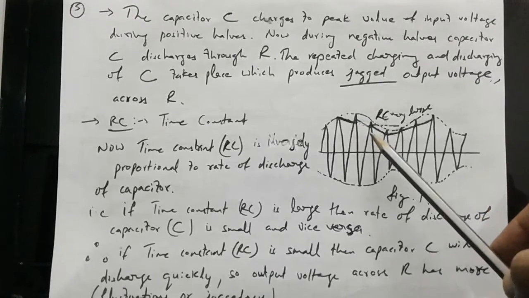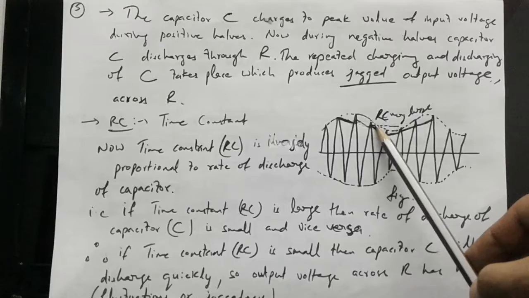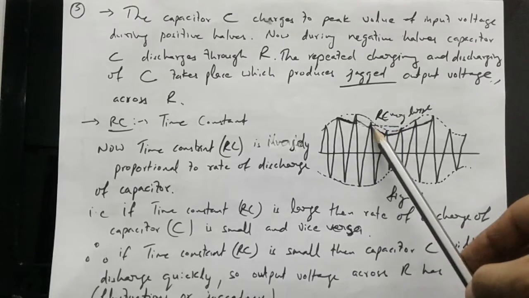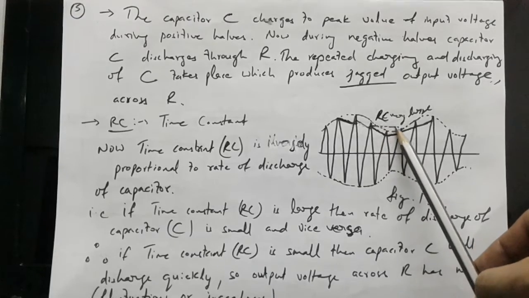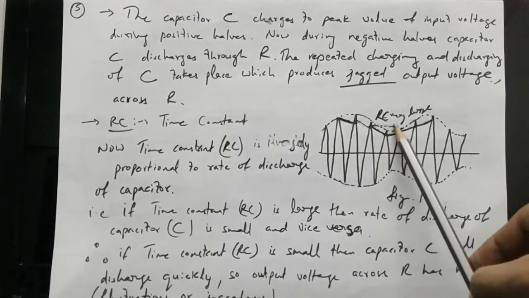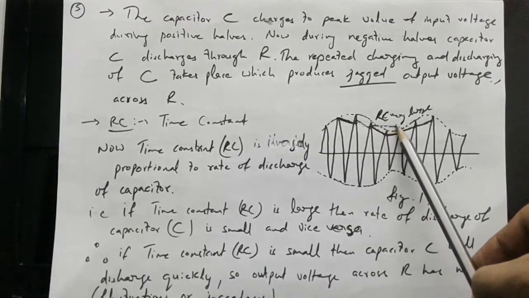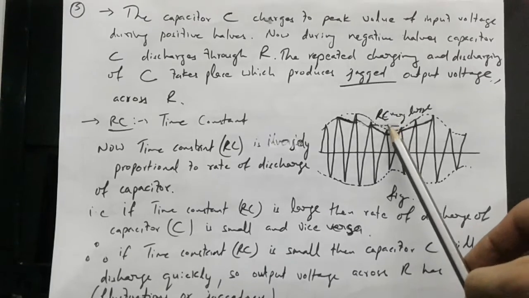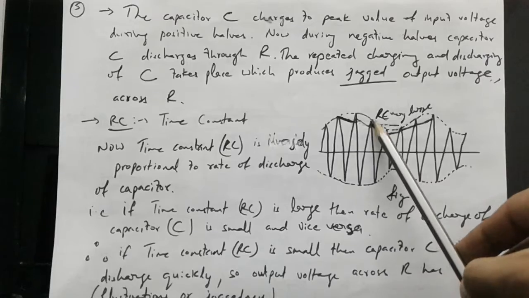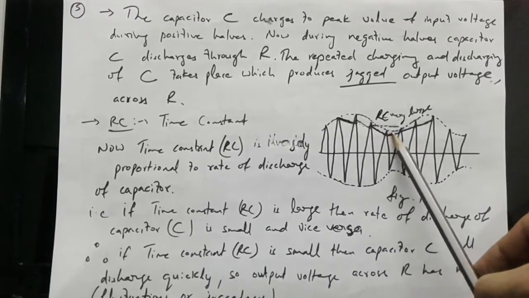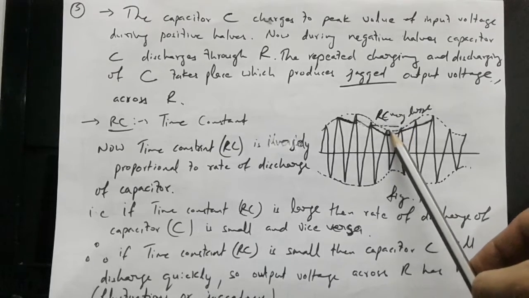In that case, this line, which is representing the capacitor voltage, becomes almost horizontal. But what you can see here is that the AM wave, this minimum portion, gets clipped.